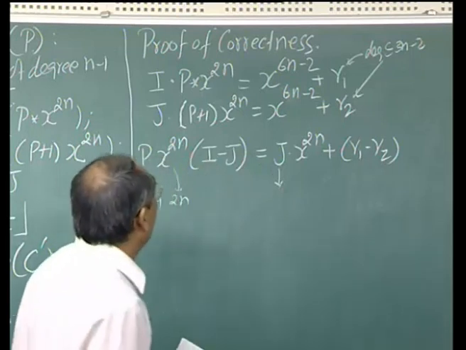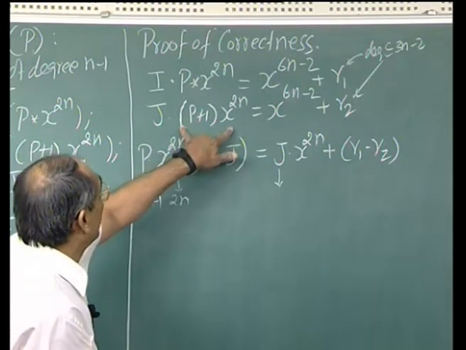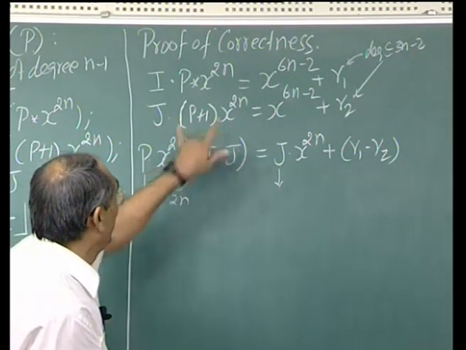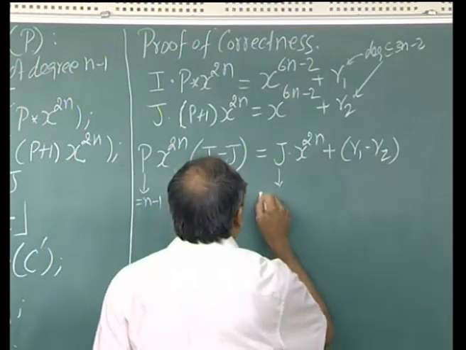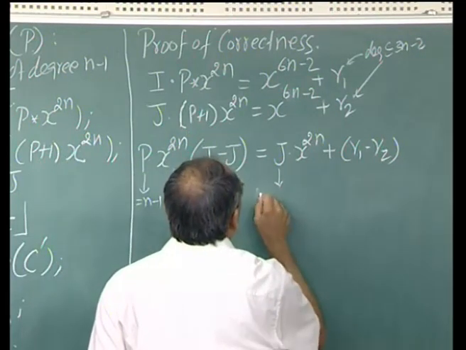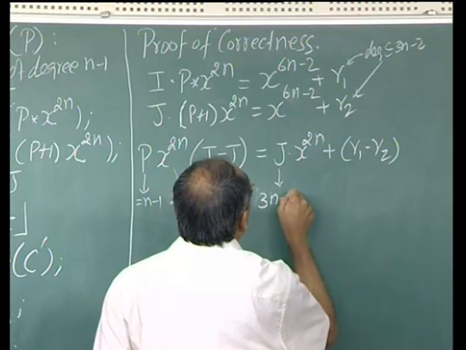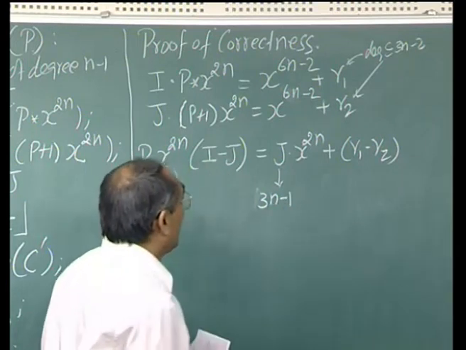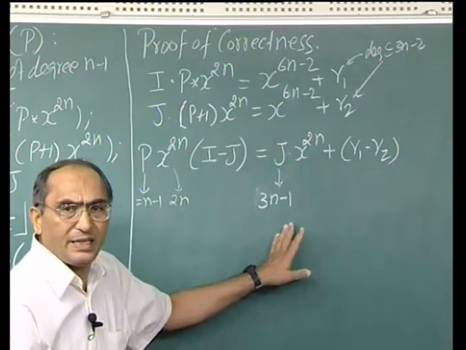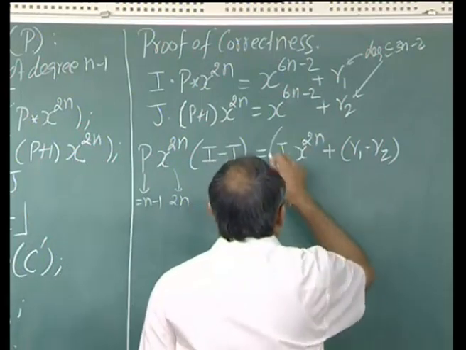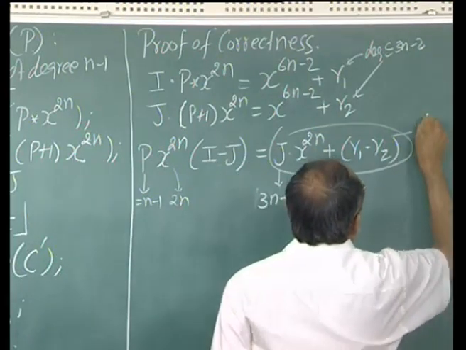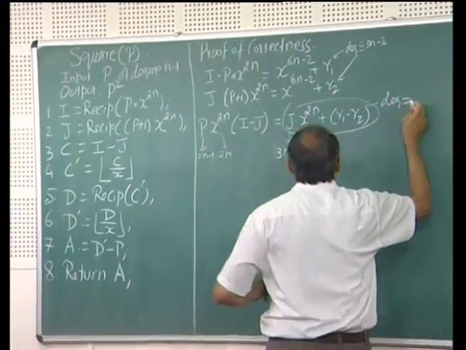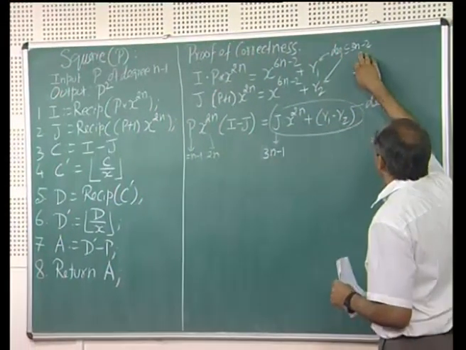This is the reciprocal of this term, so its degree is also 3n. This degree is 3n minus 1. So, the right hand side has degree, so the total term has degree equal, and these have degree lower than 3n minus 2.